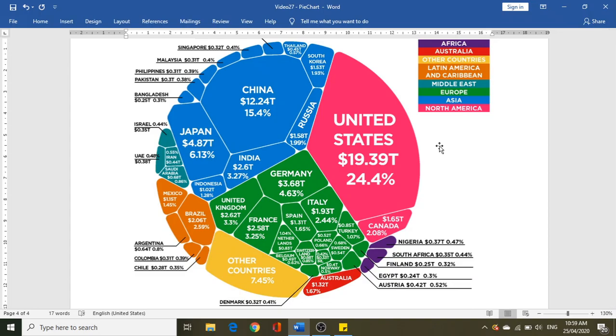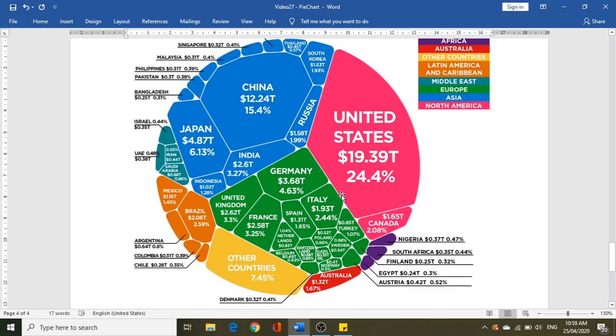But if that would be the case, then there would be some sort of description somewhere around the pie chart that would clarify the total figures. But since there's no such description, then we can assume that these figures are surely at 100%.